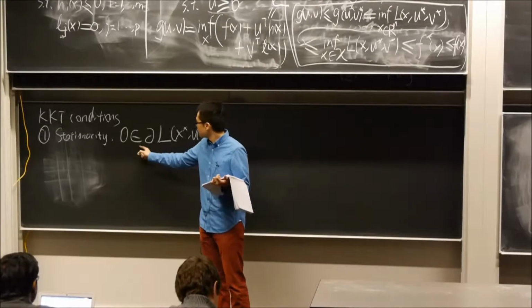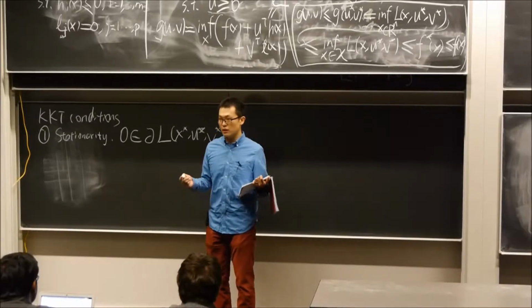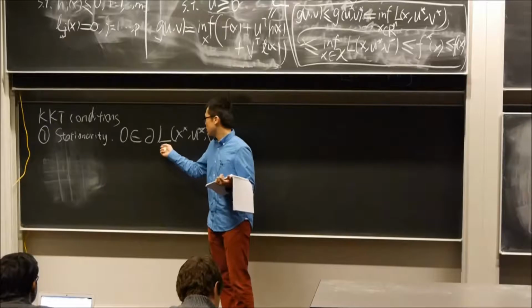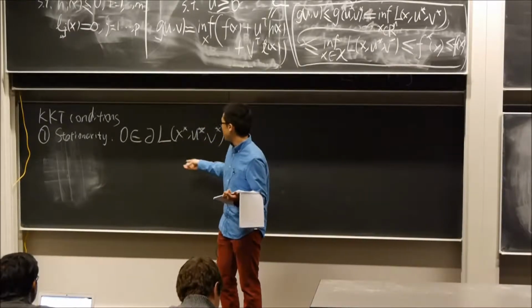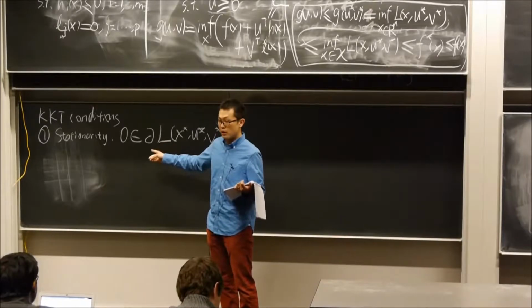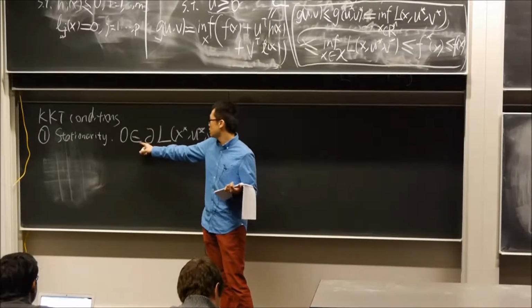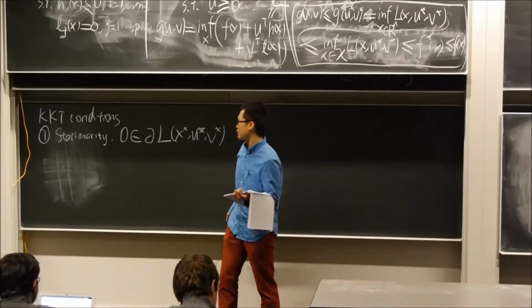This subgradient is a set that supports the function L at this very point. So if L is differentiable at this point, then this simply becomes the gradient, and the belonging to the set sign will just be the equality sign.